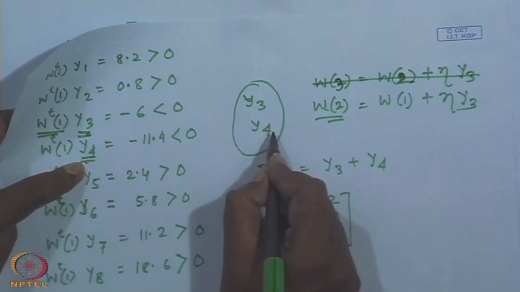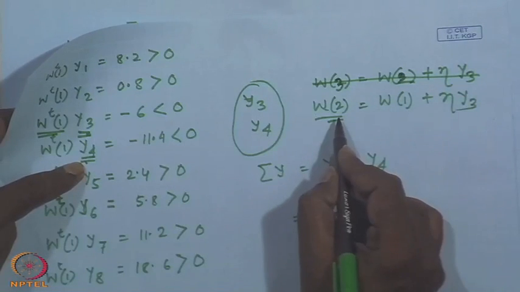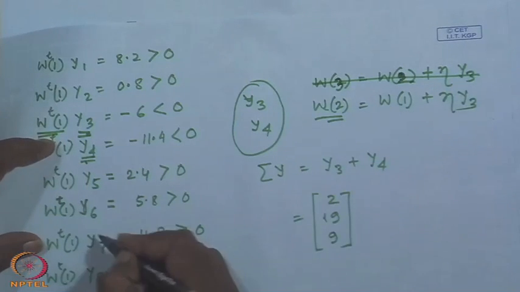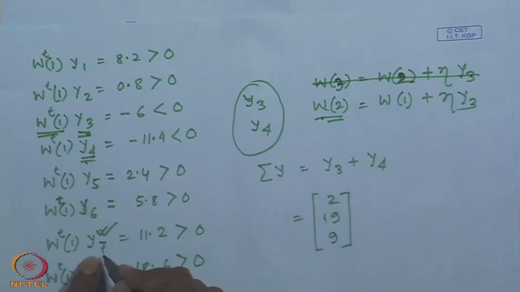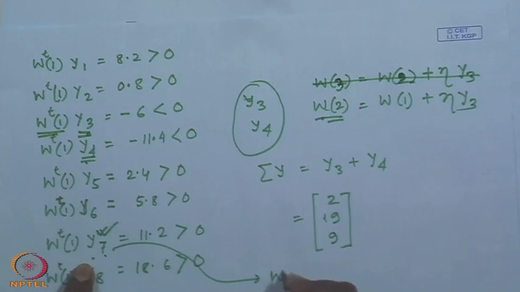So, Y4 will not be misclassified by this, but it may so happen that for Y7 I find that W2 misclassifies Y7. So, whenever it misclassifies Y7, immediately I will compute W3 to be W2 plus eta times Y7.